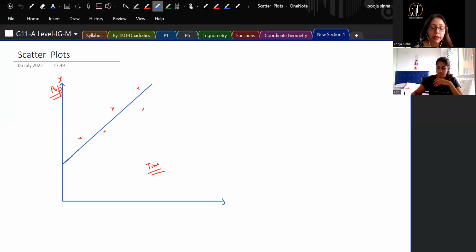Then the second point I made you write is, do not try to force it through the origin. Third point, try to make it equally balanced on either side.